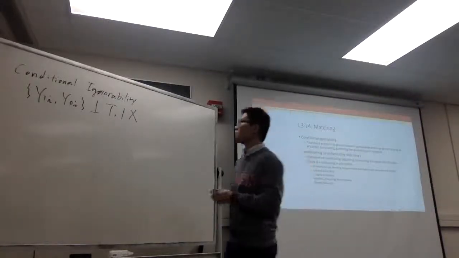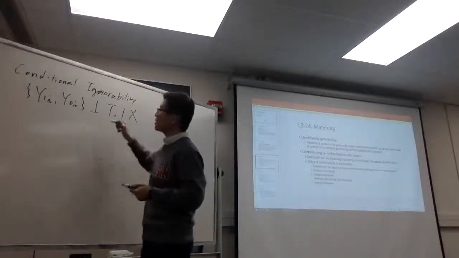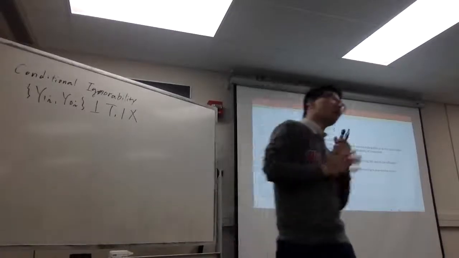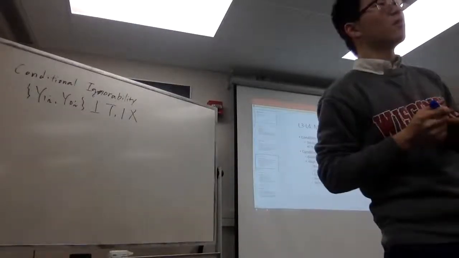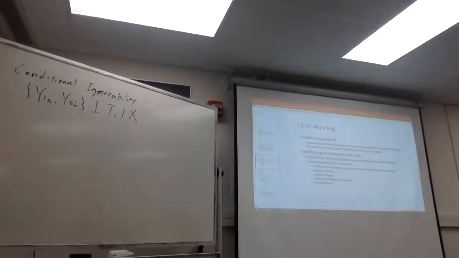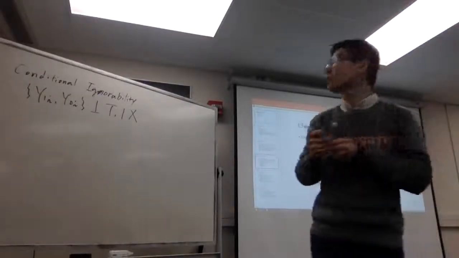Yes, so basically, ignorability is that the treatment group and control group are comparable or similar even before getting treated. After treatment, it can be different, right? But before getting treatment, they should be comparable or equivalent in that sense. Good? Any questions? All right.